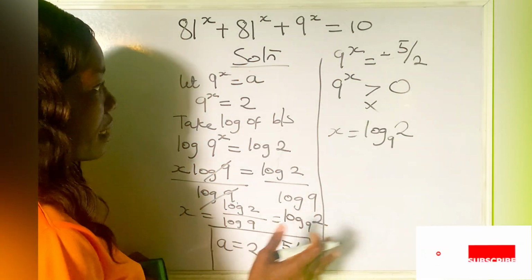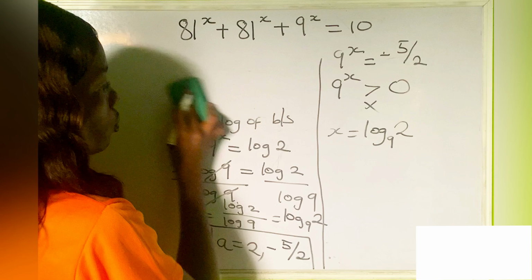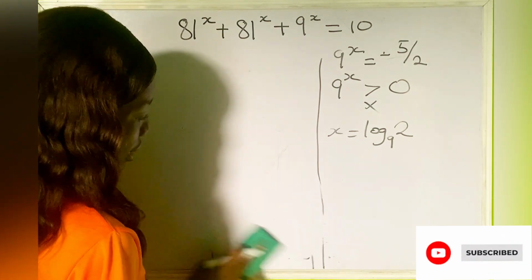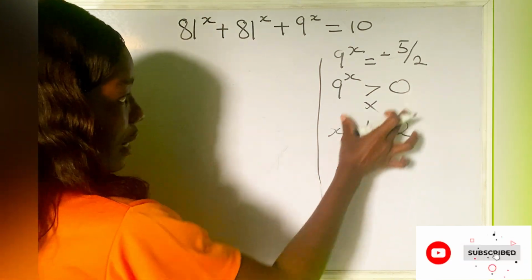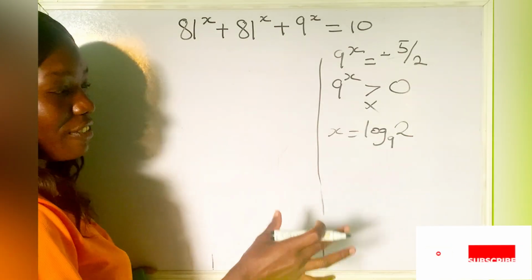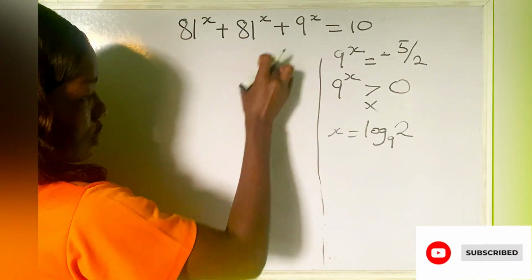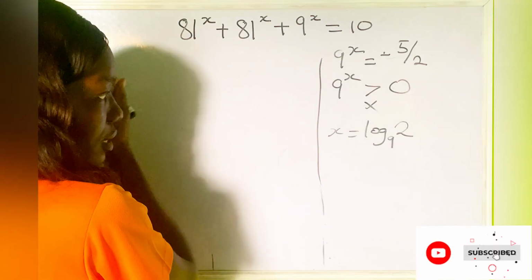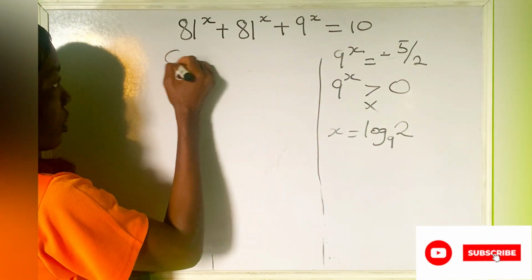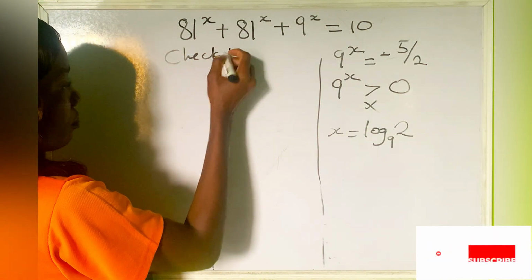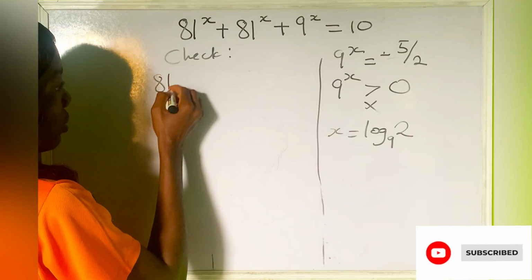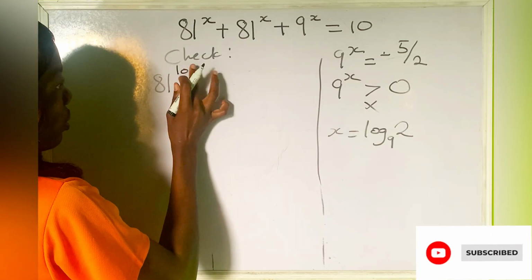Now, I'd like us to sit back and check if this answer is actually correct, because remember we have two answers. The only way we can verify if this is correct is by plugging this value into this place to be sure that we've solved the right thing. So let's do a check. Now, this is 81 to the power of our x.